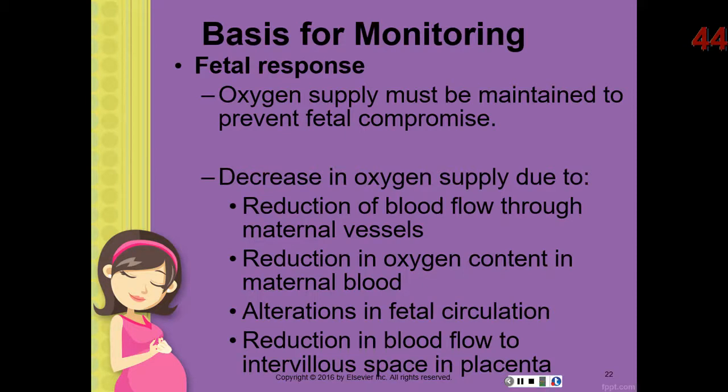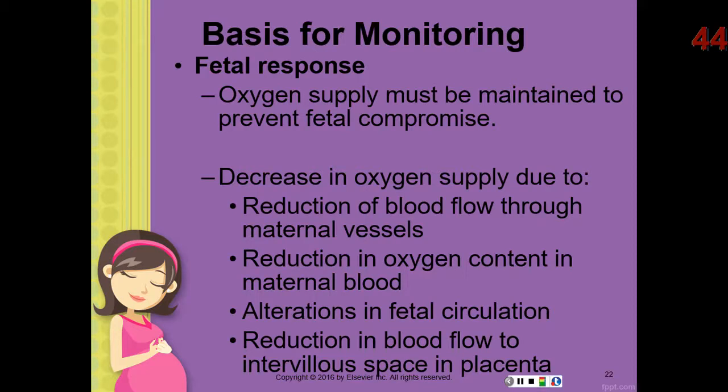So we see these different types of decreases in oxygen supply, and hopefully all of you have now done your OB packet, so you know when we talk about the labor part, there are different reasons for decreased oxygen supply, and that's where we see different decelerations in the fetal heart rate.